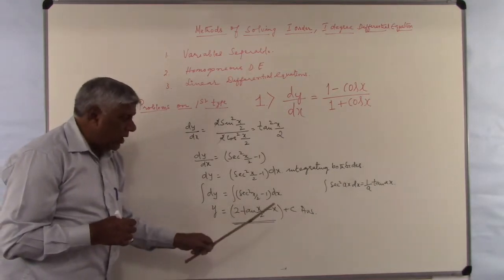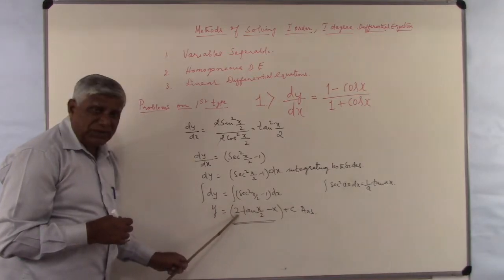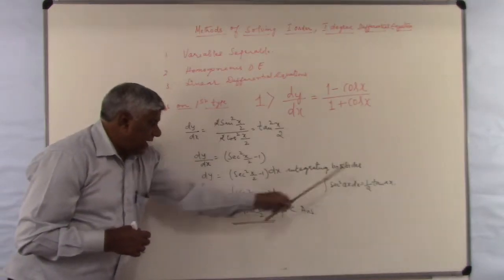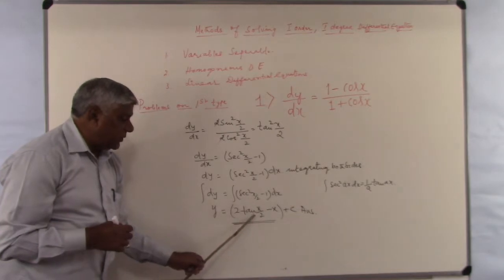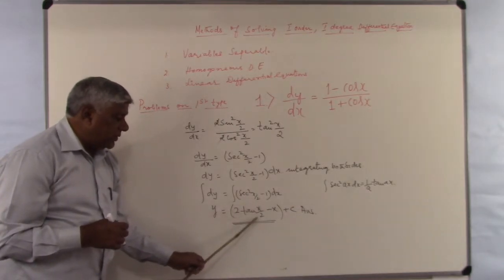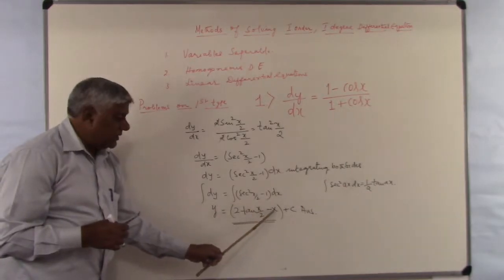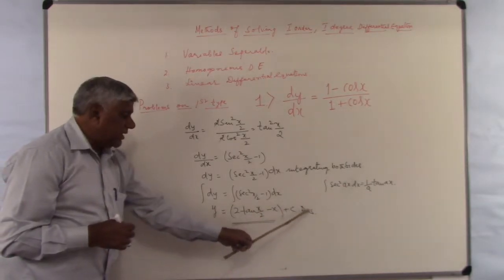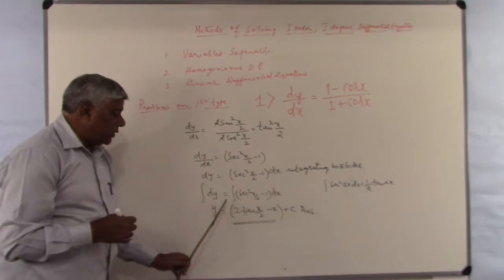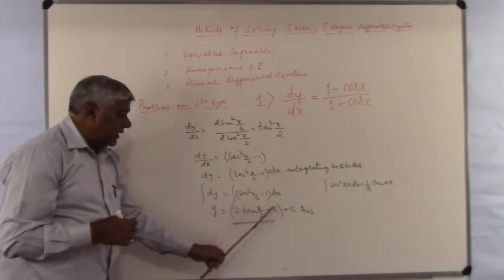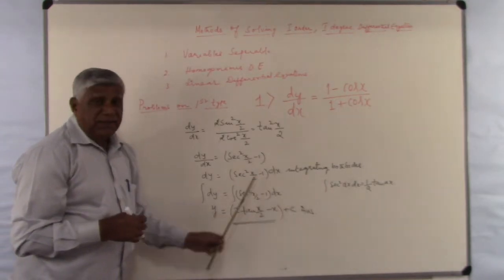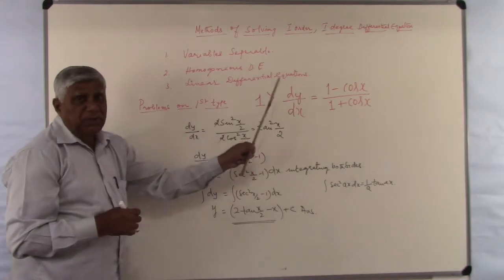So 1 over half is 2. Tan ax means tan x by 2. So 2 tan x by 2 minus integration of dx, which is always x plus a constant. So y is equal to 2 tan x by 2 minus x plus c is the solution for this problem.